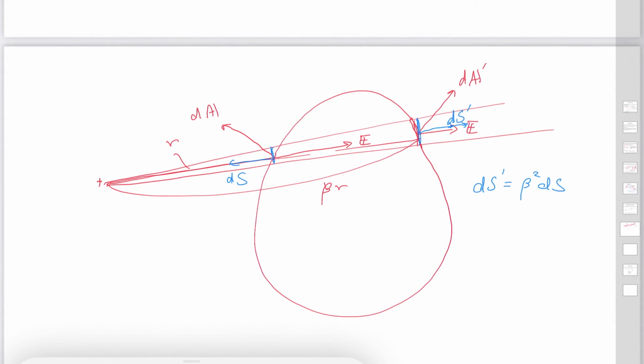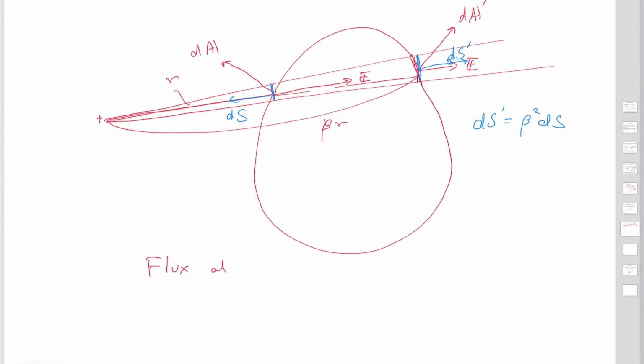Then we could consider the flux at r, E(r) scalar product dA. It becomes minus E(r) dS, because the direction of E and dA are opposite. The angle becomes 180 degrees, so it becomes a negative E dS.